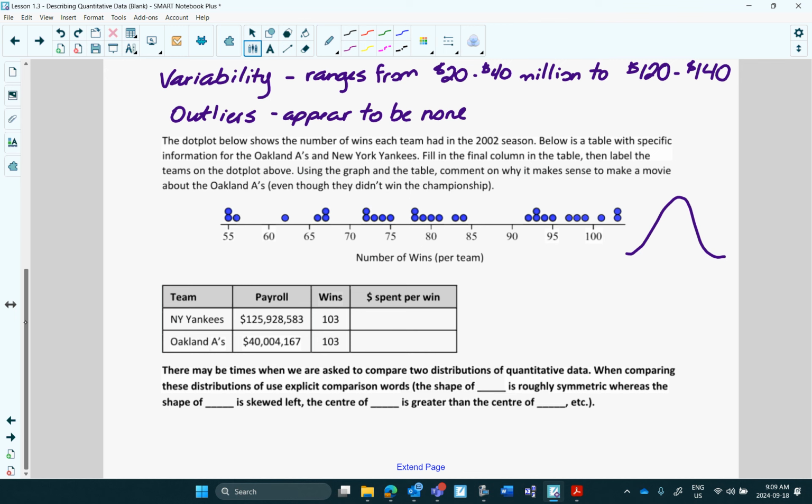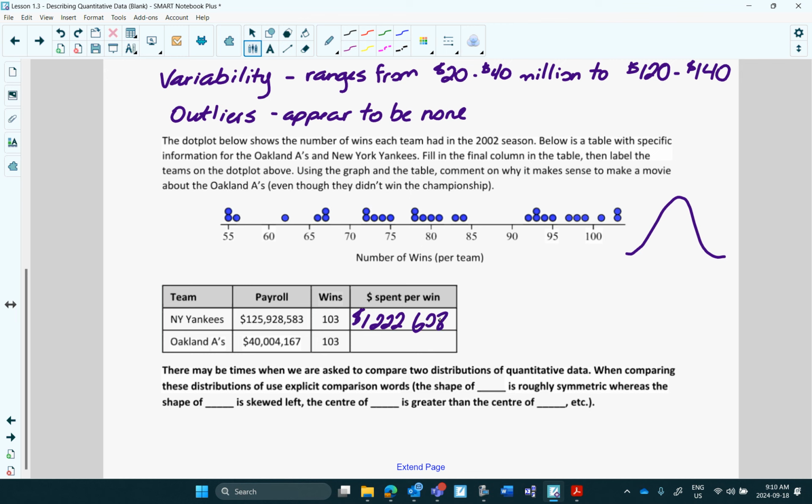So like I said, if we go back to the specific example that we've been working on with these graphs and describing the distributions of these graphs, this is just sort of closing out these numbers. You take the average payroll, or the average amount spent per win. For the Yankees, it's their payroll divided by their wins.